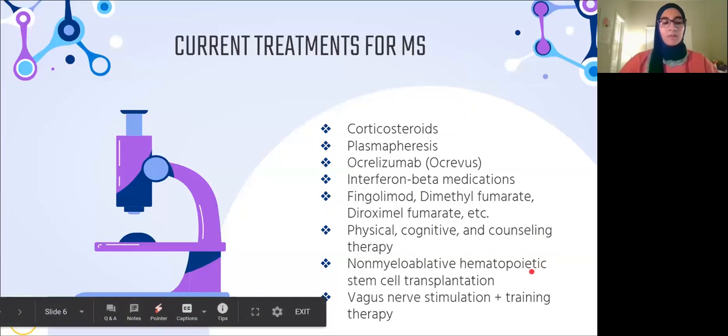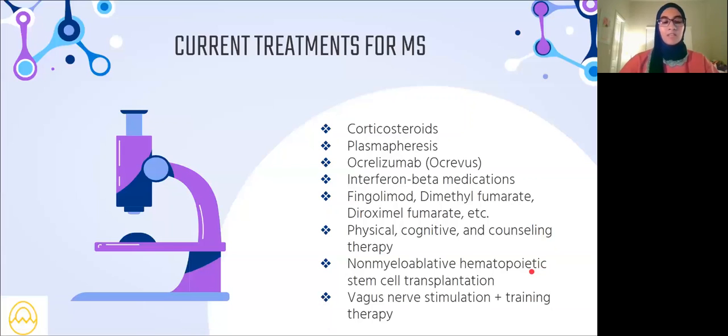Non-myeloablative hematopoietic stem cell transplantation involves transplanting multipotent cells into the area where demyelination has occurred, so that they may rebuild the damaged myelin and oligodendrocytes. Research has shown that this therapy slows disease progression more than DMTs.